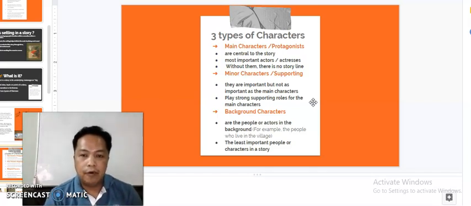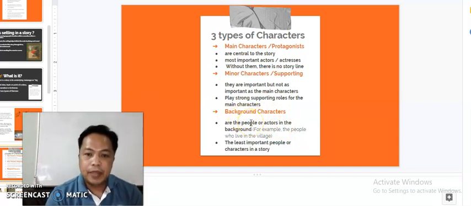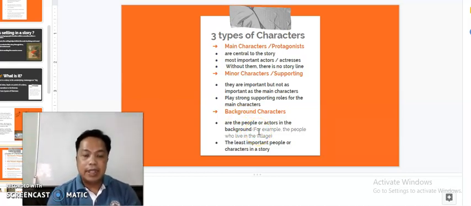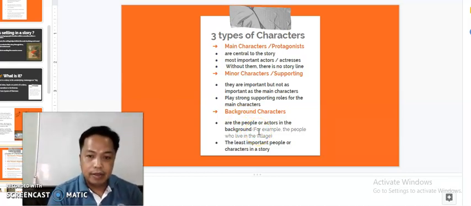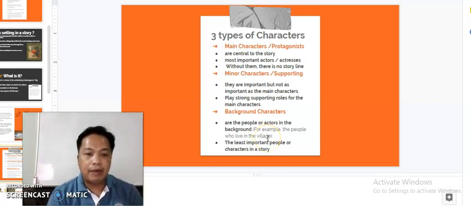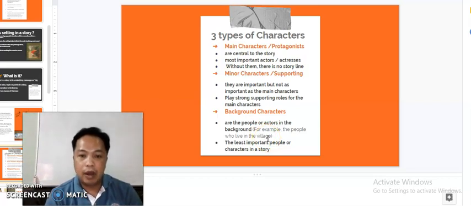And the third one is background characters. These are the people or actors in the background. For example, the people who live in the village. So they are only the background of the story. They are the least important characters in a story.